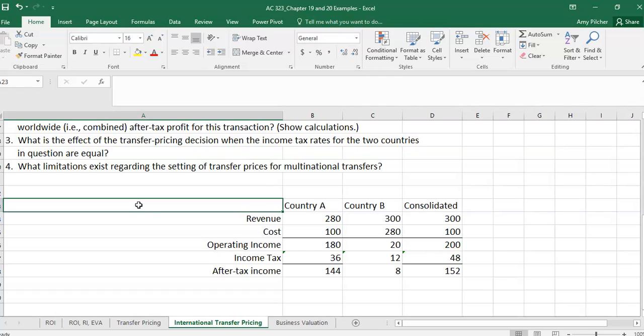So it has to be comparable, or what's called an arm's length transaction. It has to be comparable to either market rate or what a third party would charge, or a cost plus markup. This is to stop businesses from choosing transfer prices that only give them a tax benefit.